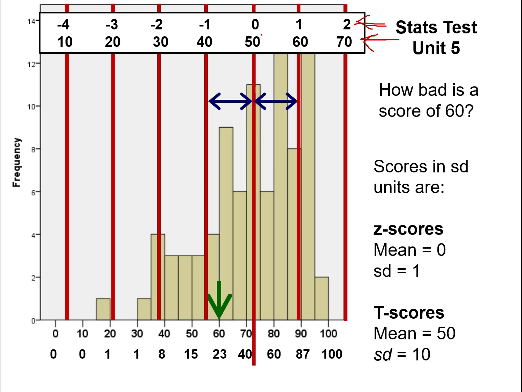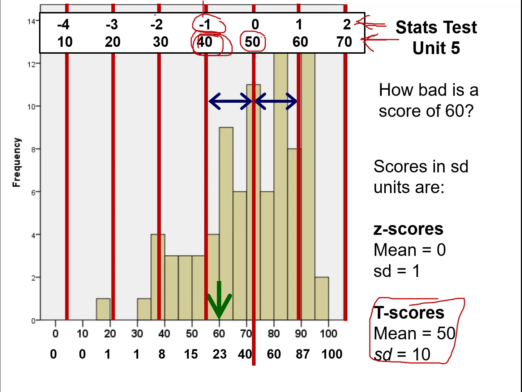With a t-score, we know that a 50 is right at the mean and 40 is one standard deviation below the mean. So for example, if someone was one standard deviation below the mean, their z-score would be -1. If someone gets a z-score of -1, we know that's one standard deviation below the mean. Or if we're using this t-score system with a mean of 50 and a standard deviation of 10, a score of 40 would be one standard deviation below the mean.